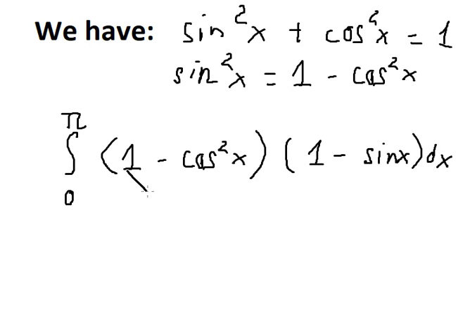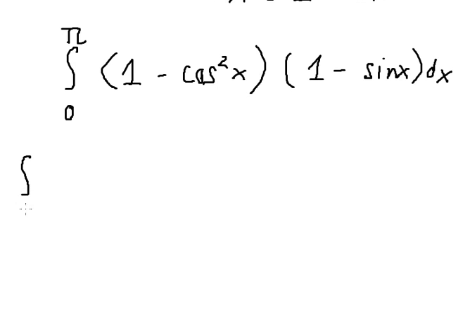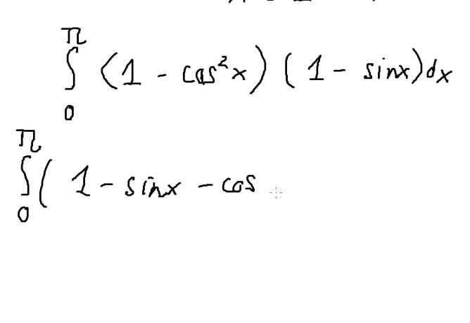Next, we multiply each other in here. And we got like this: 1 minus sin x minus cosine x squared plus sin x multiplied by cosine s squared ds.